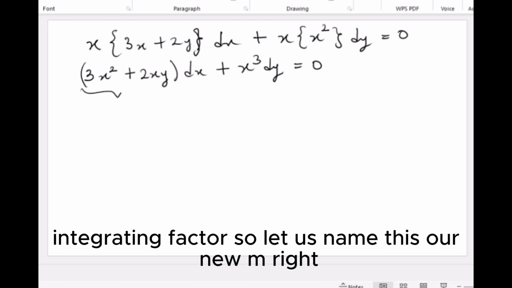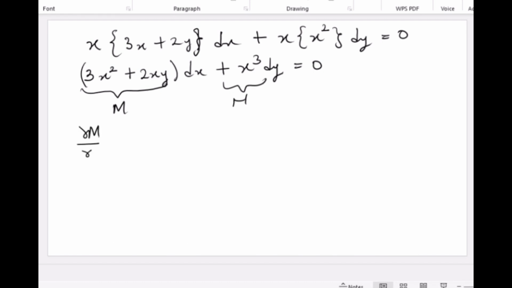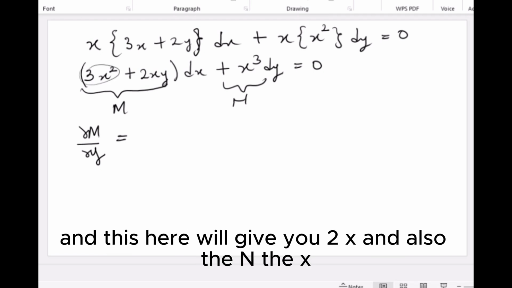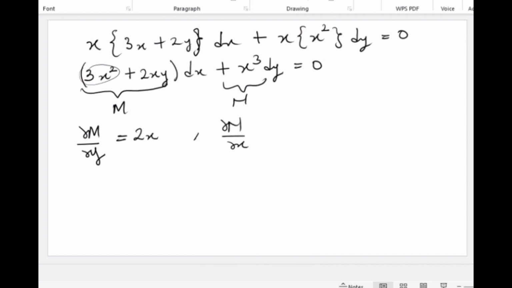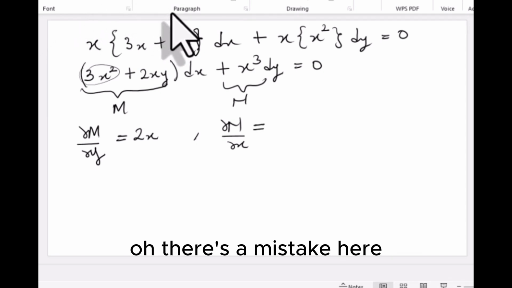So let us name this our new M, right? And let us name this N. The dM/dy equals what? You need to differentiate this with respect to y. So this will give you 0, right? And this here will give you 2x. And also the dN/dx is going to give you, oh, there's a mistake here.